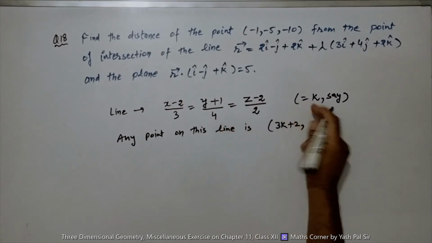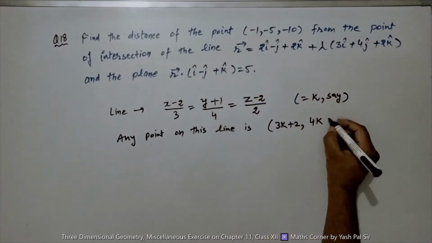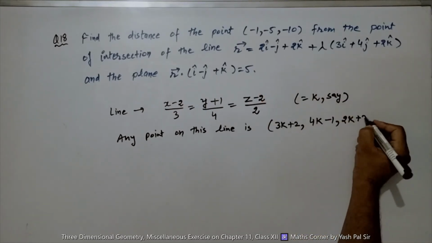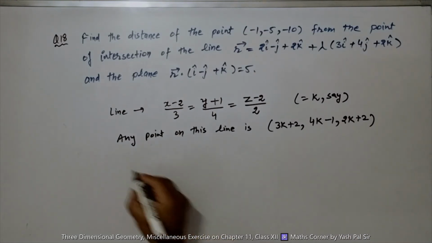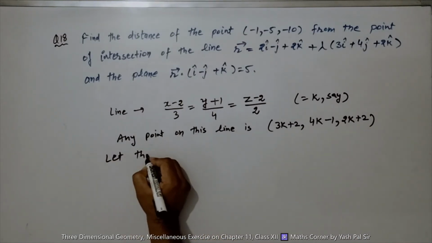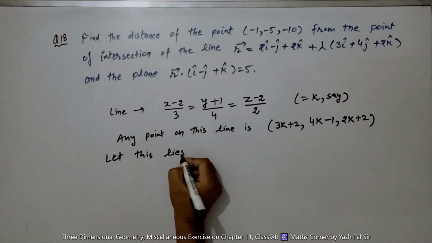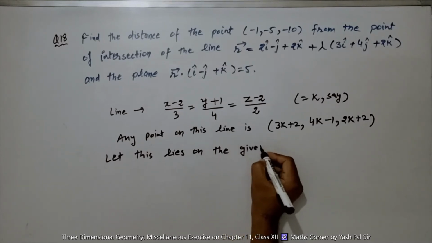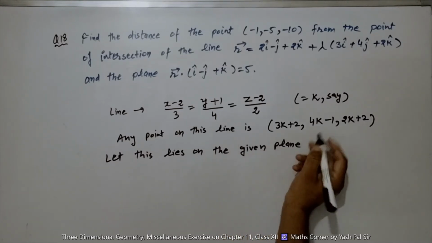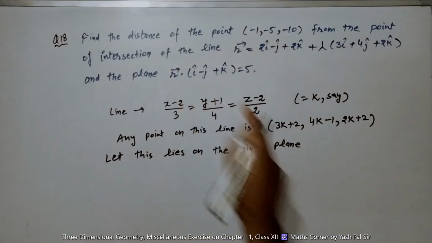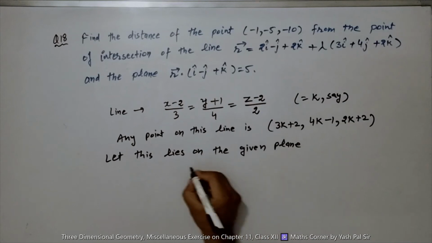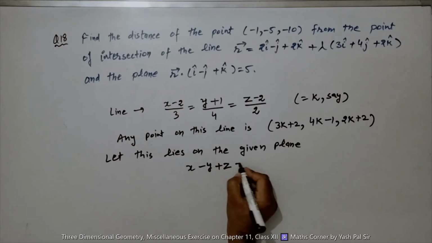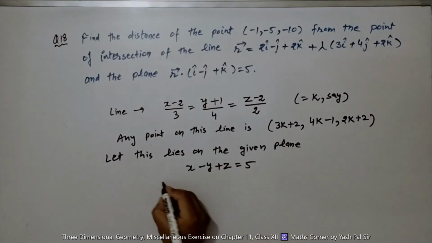plus 2, 4k minus 1, 2k plus 2. Okay, let this lie on the given plane. That is, this is the point of intersection of the line and plane. What is the equation of the plane? x minus y plus z equal to 5.